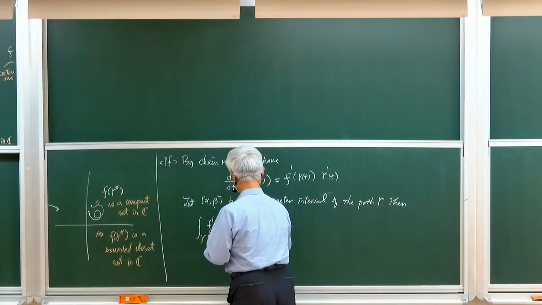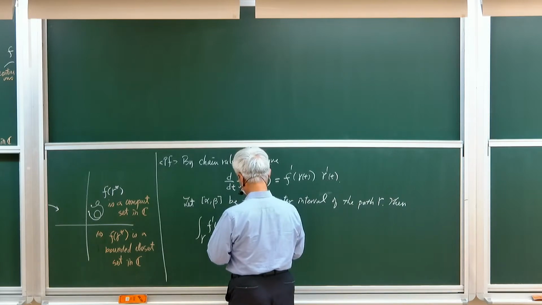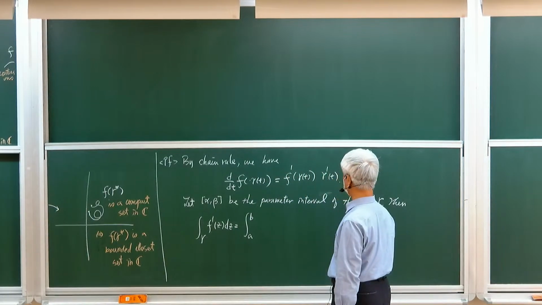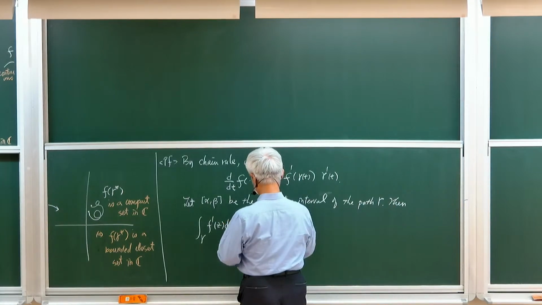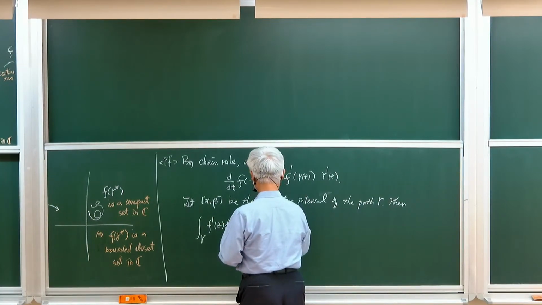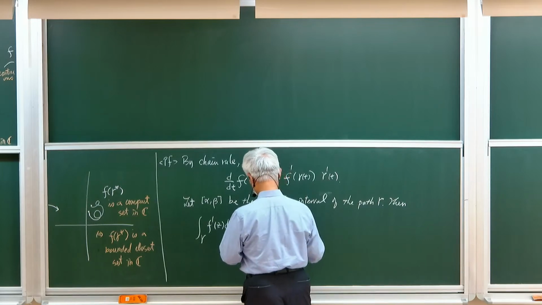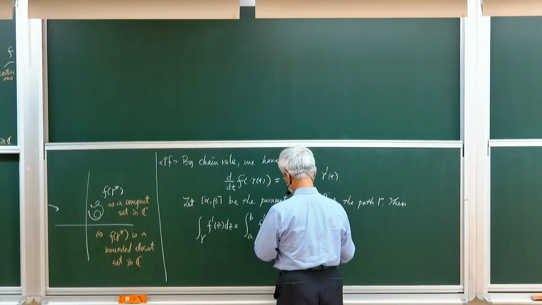So this is the integral from alpha to beta. Now by the change of parameters, this is f prime of gamma t times gamma prime of t dt, by definition.